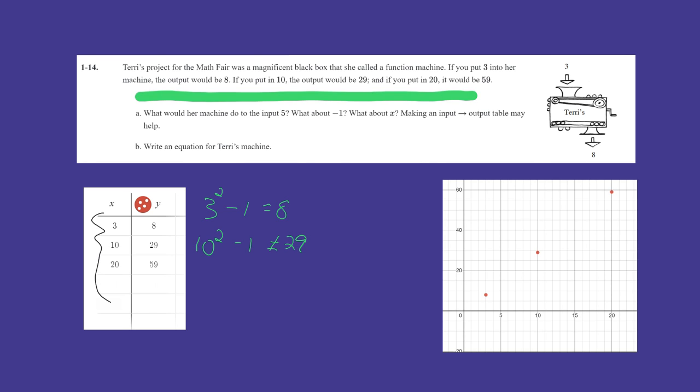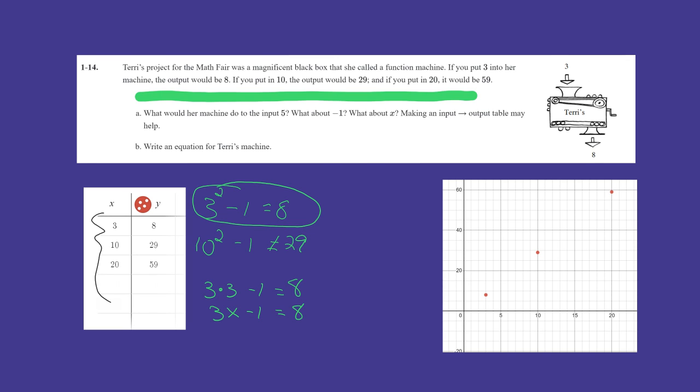I still like this information, but instead of using 3 squared, I used 3 times 3 minus 1 equals 8. So in a sense, it'd be 3x minus 1 equals 8, and 3 is my input, so then my output would be 8.